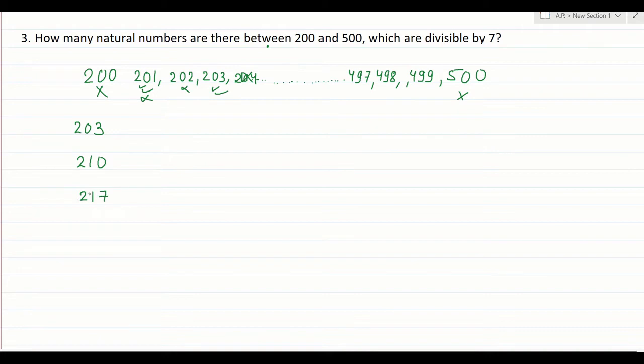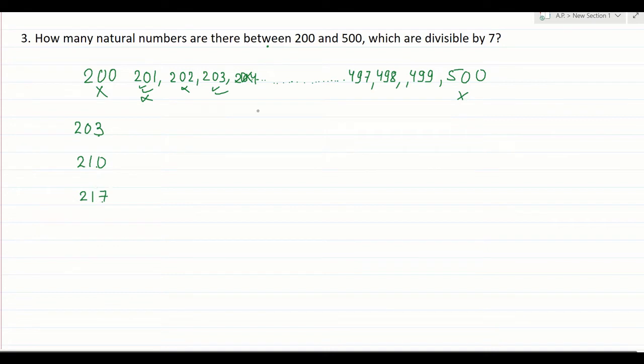Isn't this? You can simply get the next number by adding 7 to the previous number. Like here is 203. When we add 7 to this number, we are getting 210. So when we add 7 to this 210, we are getting 217. So in this way, we can get the numbers which are divisible by 7.